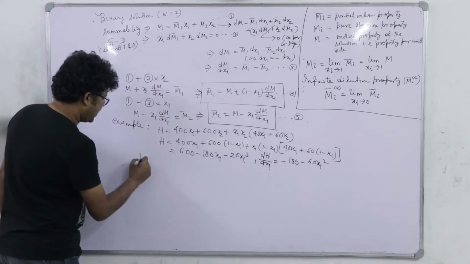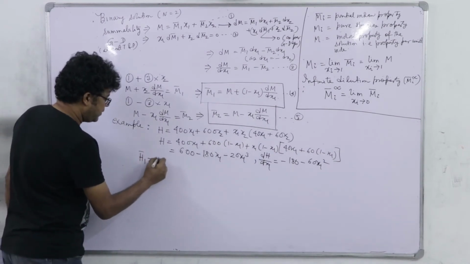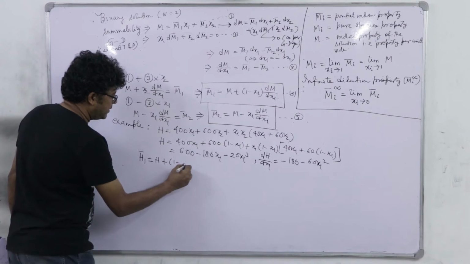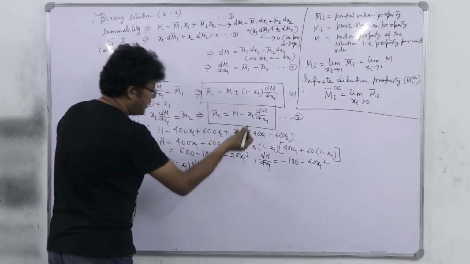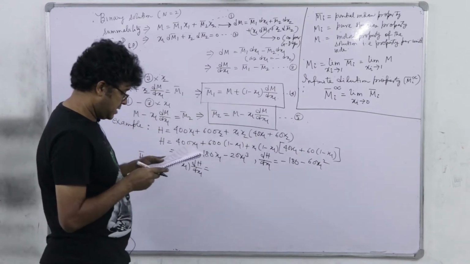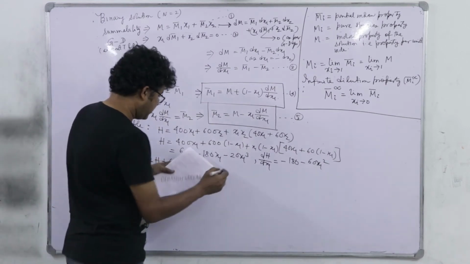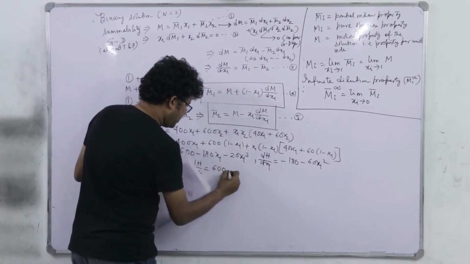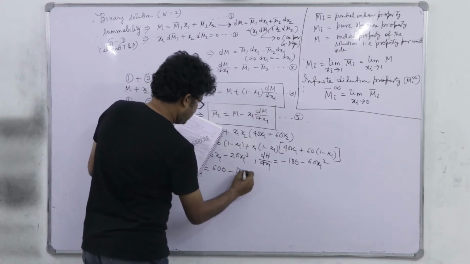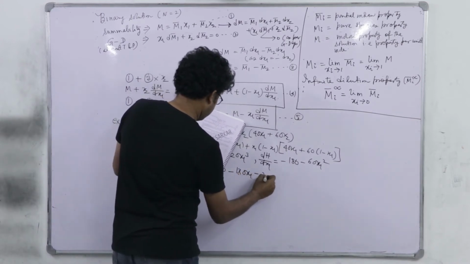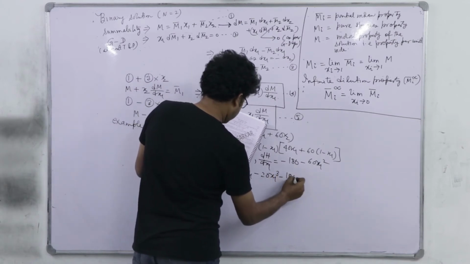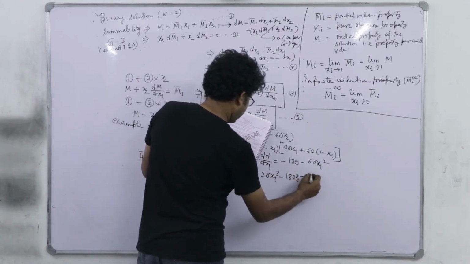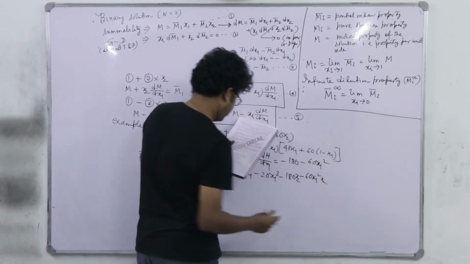So, h1 bar expression, which is h plus (1 minus x1) dh/dx1, if I substitute that, it will give 600 minus 180 x1 minus 20 x1 cube minus 180 x2 minus 60 x1 square x2.